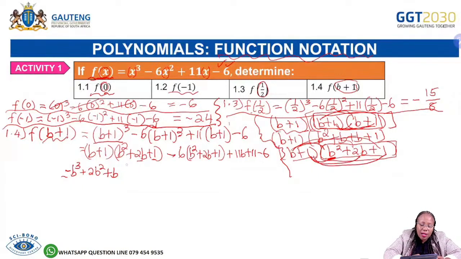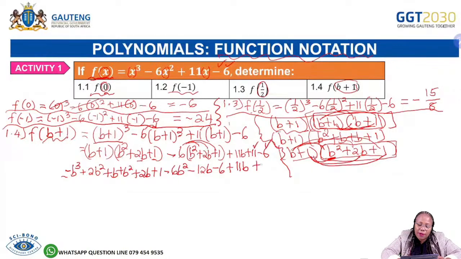So b squared times 1, it will be b squared. 2b times 1, 2b. 1 times 1, 1. And then the next term is minus 6 into each term here. Distributing minus 6, that will be minus 6b squared. Minus 6 times 2, minus 12b. Minus 6 times 1, minus 6. And then we have what? Grade 12, 11b. And then 11 minus 6 will be 5.